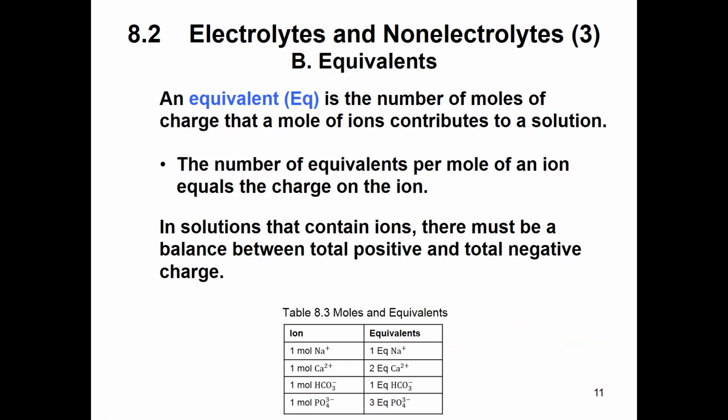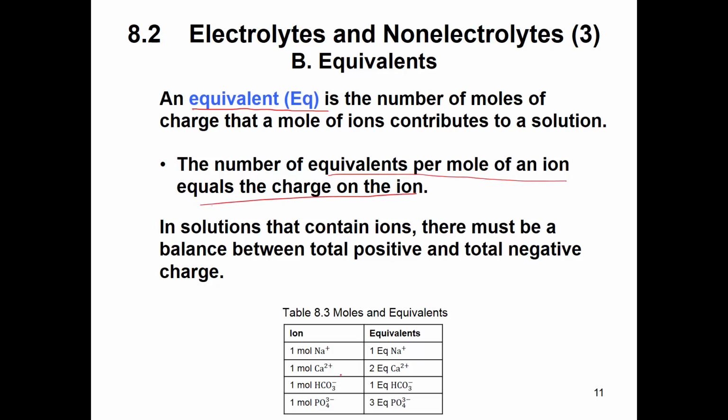When we're talking about electrolytes and non-electrolytes, we're going to have to talk about something called an equivalent, and you may hear this from time to time in a medical setting. An equivalent is the number of moles of charge that a mole of ions contributes to a solution. The number of equivalents per mole of an ion equals the charge on that ion.